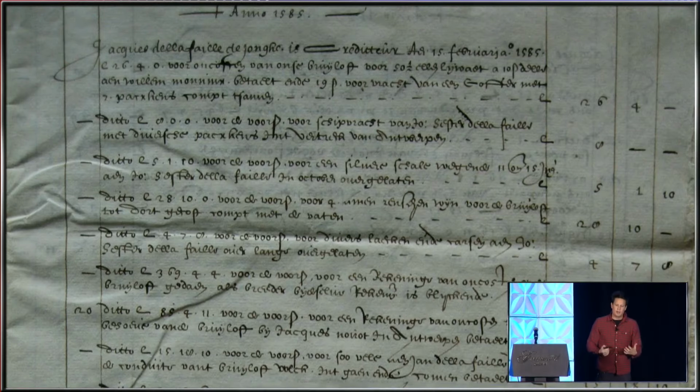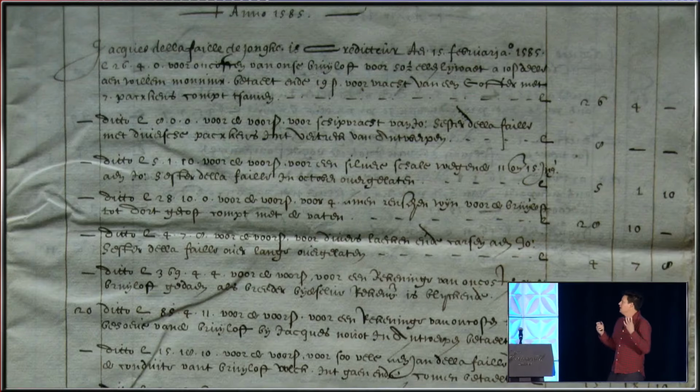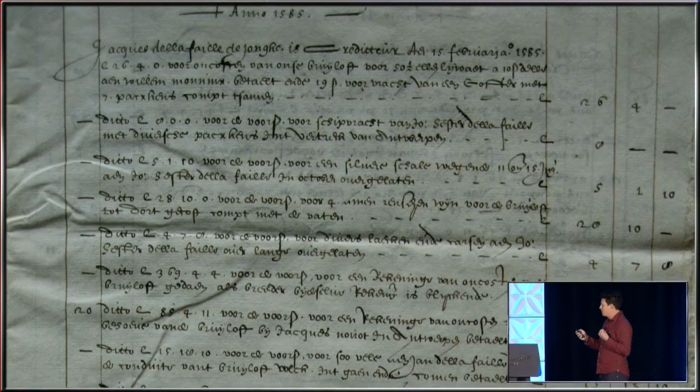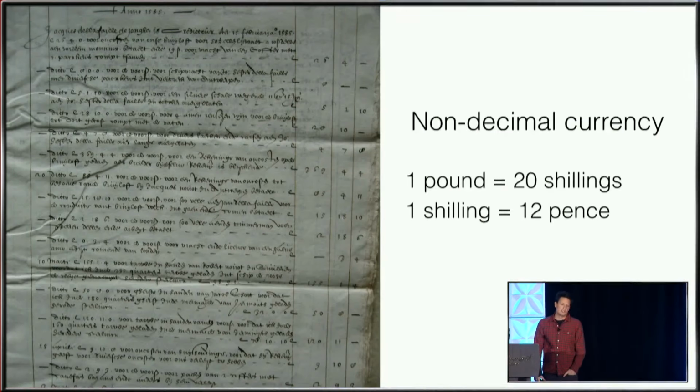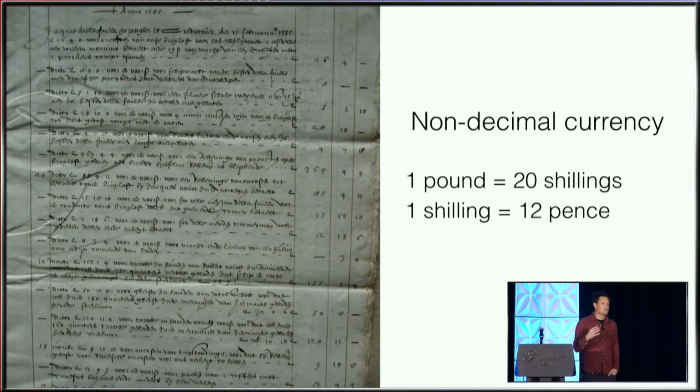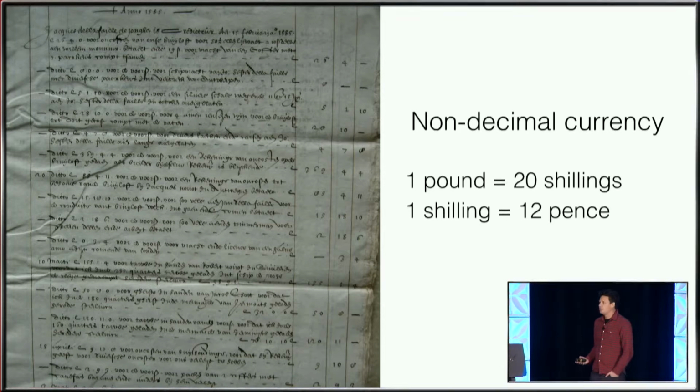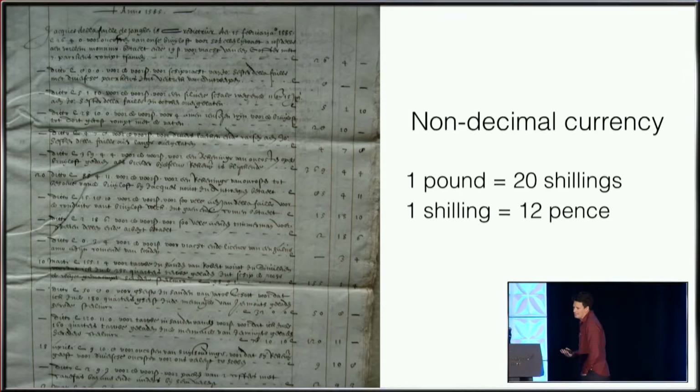Now, one problem with that, other than it's accounting, is that the currency that they use, as you can see on the right, is essentially pounds, shillings, and pence. 1 pound, if you can't remember, before pre-decimalization, equals 20 shillings. 1 shilling is equal to 12 pence.